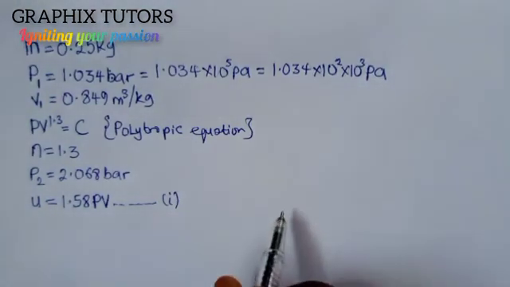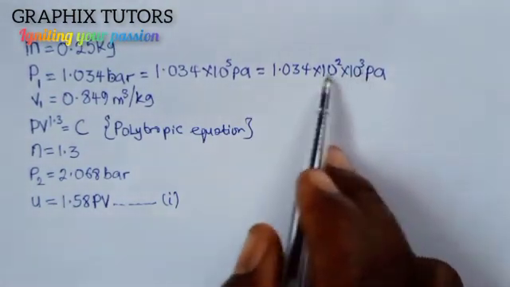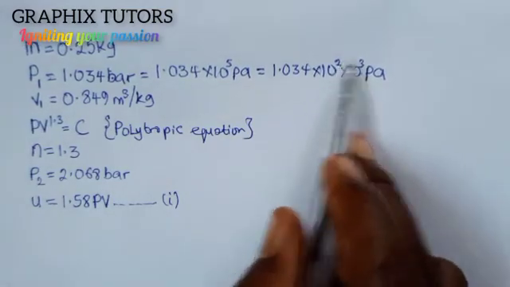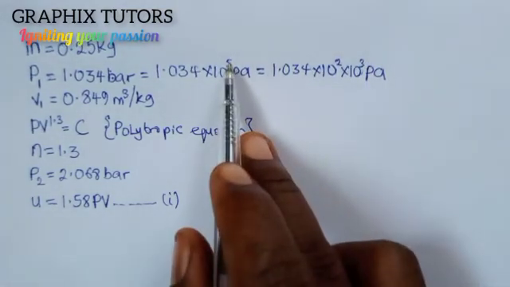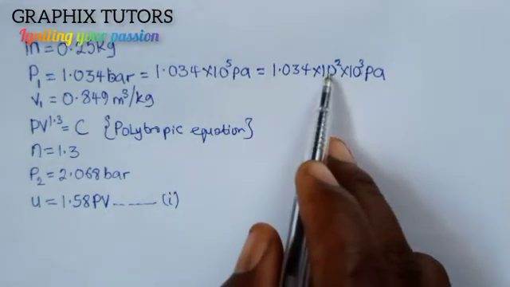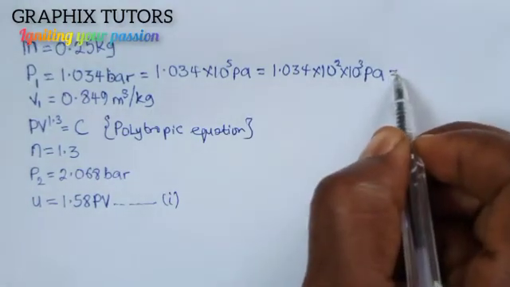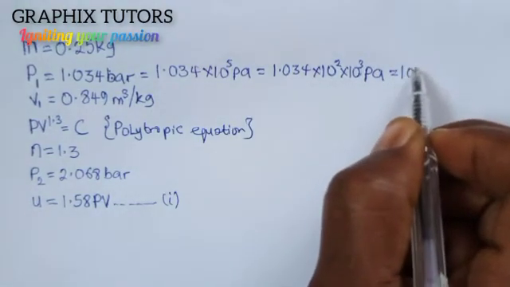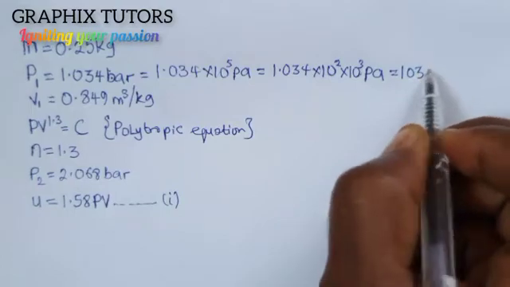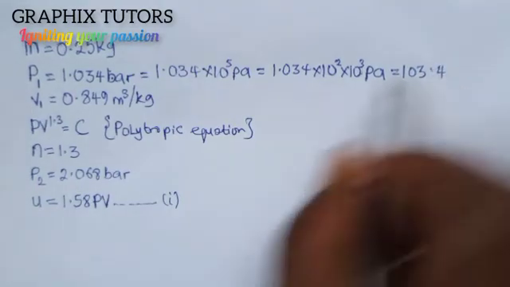When you have the same base, you add the powers, so 2 plus 3 gives 5. 10 to the power 2 is 100, and 100 times 1.034 gives us 103.4.